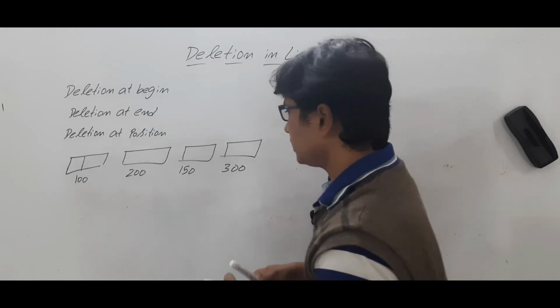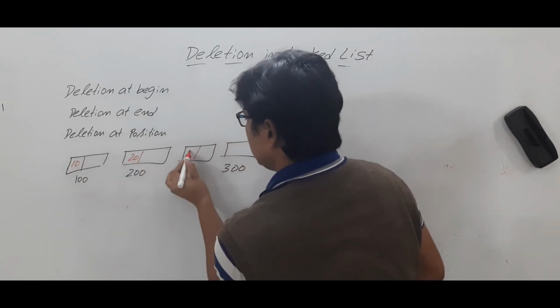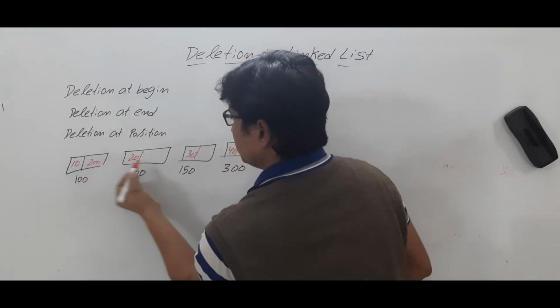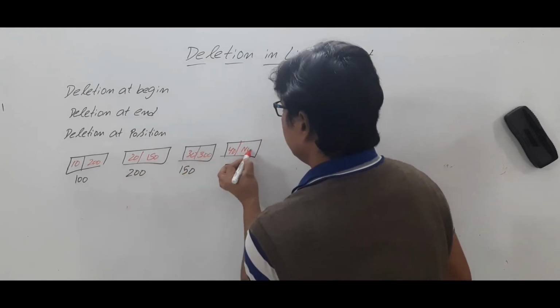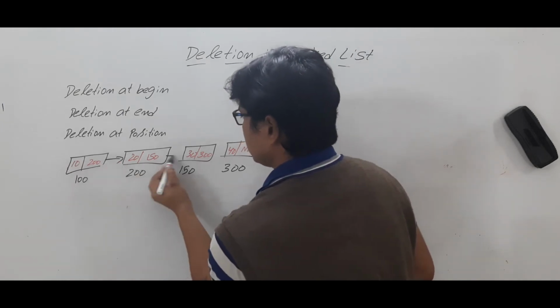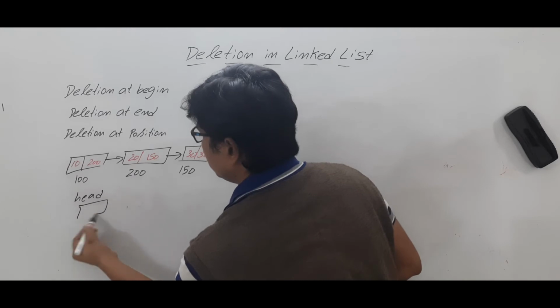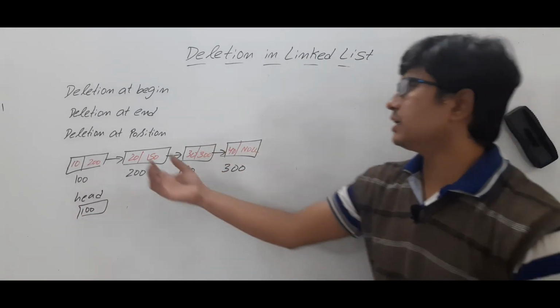That's why I have written it like this. 10, 20, 30, 40 are the values, and the addresses will be 200 here, 150 here, 300 here, and here it will be null. So you have links like this, and head is pointing to the first node in the linked list. Now what is meant by deleting at a particular position?